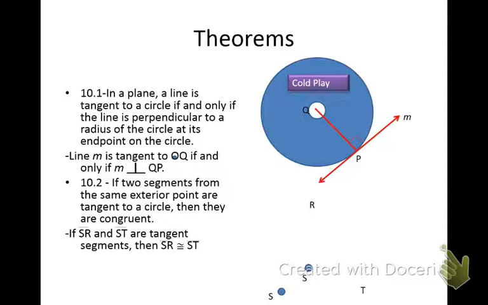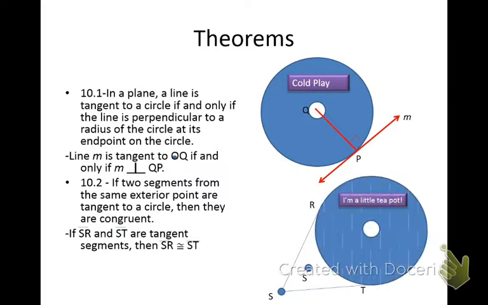10.2. If two segments from the same exterior point are tangent to the circle, then they are congruent. So in this picture, RS is congruent to ST. We've got a point out here. We draw the two tangents.